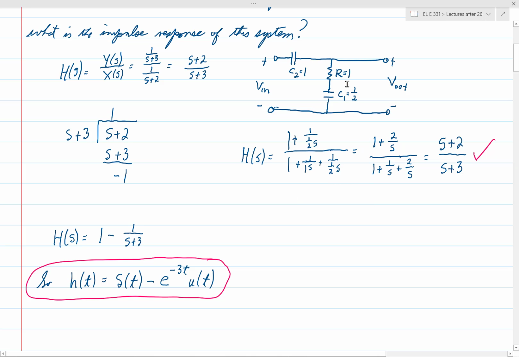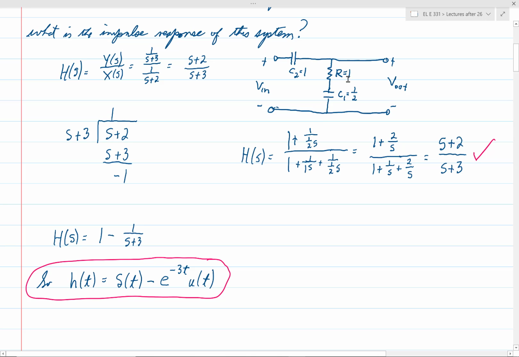This is a voltage divider, so the transfer function will be the impedance of this, which is R plus 1 over C1 s, where R is 1 and C1 is 1/2, so 1 plus 1 over 1/2 s, and then the denominator would be the impedance of this plus the impedance of this.